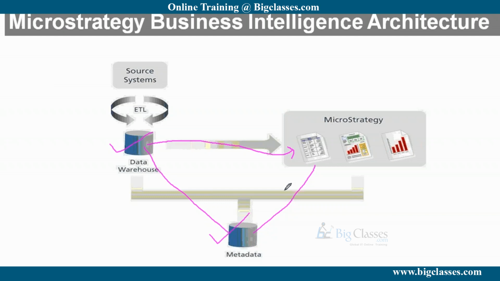Once that query is formulated, it will open a connection to the warehouse, execute that SQL, get the data, and finally come back to MicroStrategy and display that data in the format that you have set up within your reports or dashboards.